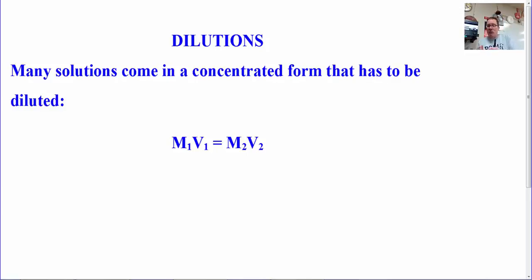Make sure that you're keeping the molarity and the volumes of one solution on one side of the equation with the molarity and volume of the other. In other words, just don't mix up. You know, if it says I have something that is 18 molar and I have 25 milliliters, keep those two together. But you'll get 3 of the 4, and you just have to plug them in and solve.